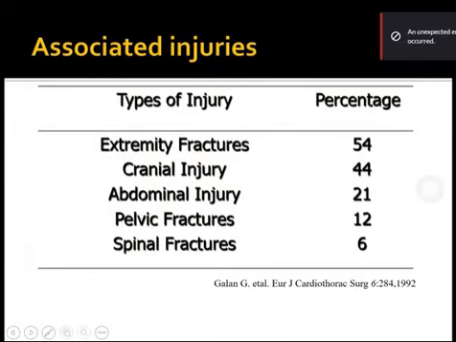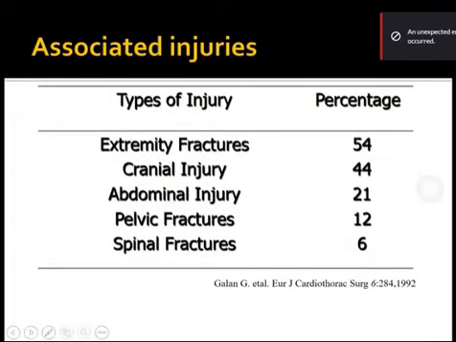So remember that there is often a lot of associated injury with chest trauma, especially with a blunt mechanism. Most commonly, you're going to see extremity fractures too, so femur fractures and pelvic fractures. Head injuries are the next most common thing to see in addition to a thoracic injury, but you can get a lot of abdominal injuries as well.